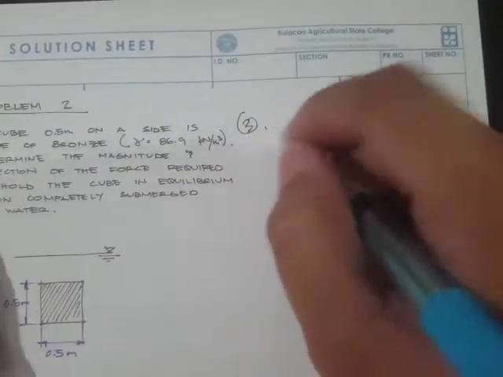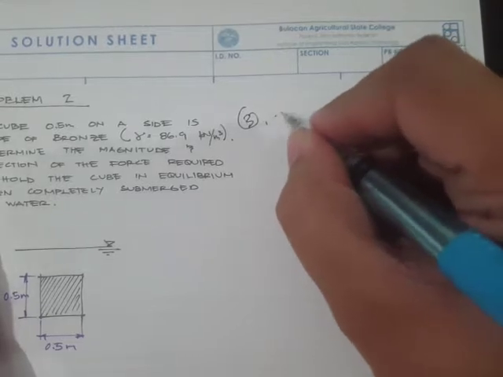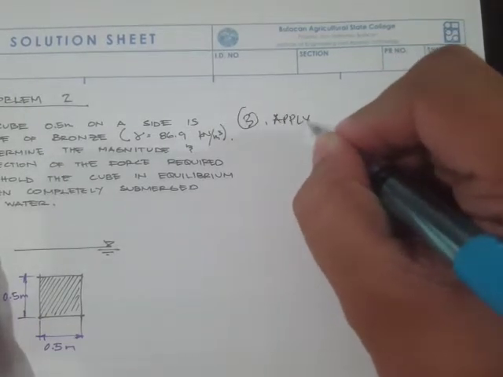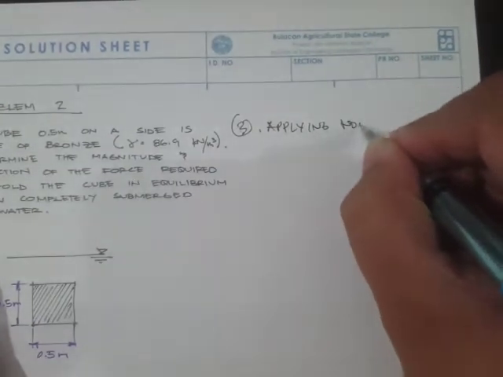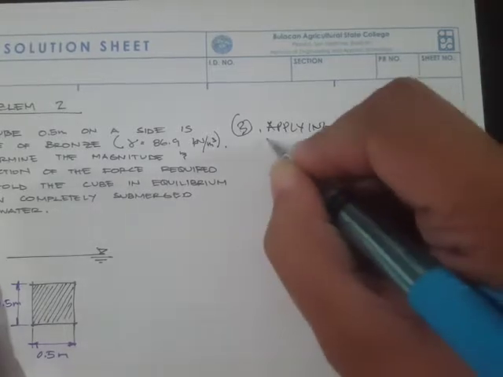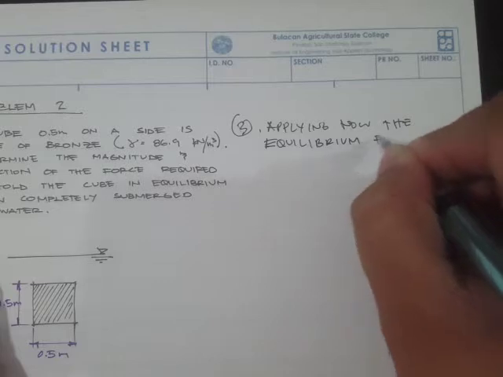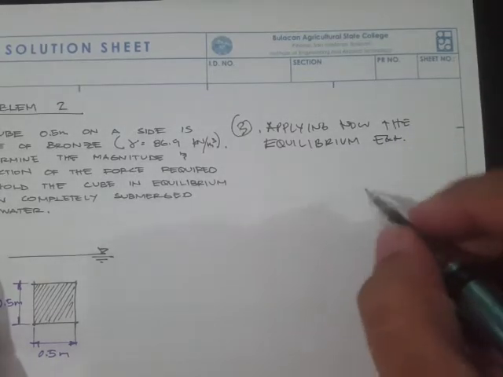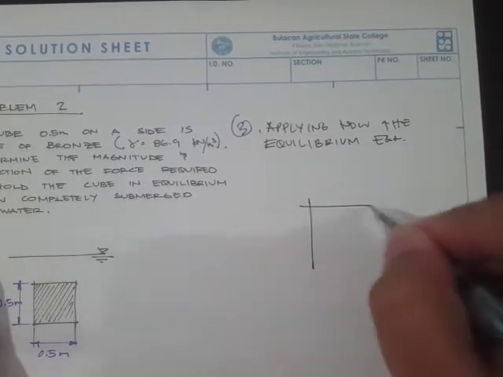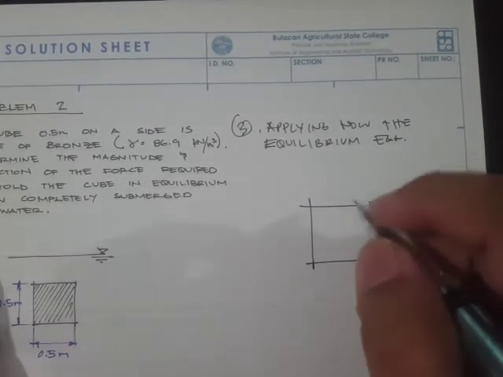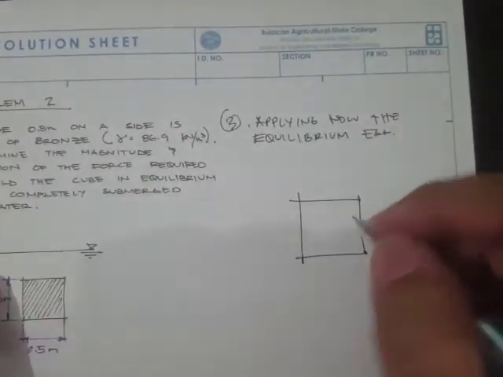Okay, so for the third step, applying the equilibrium equation. Of course, if we have to apply that, we have to draw our free body diagram.